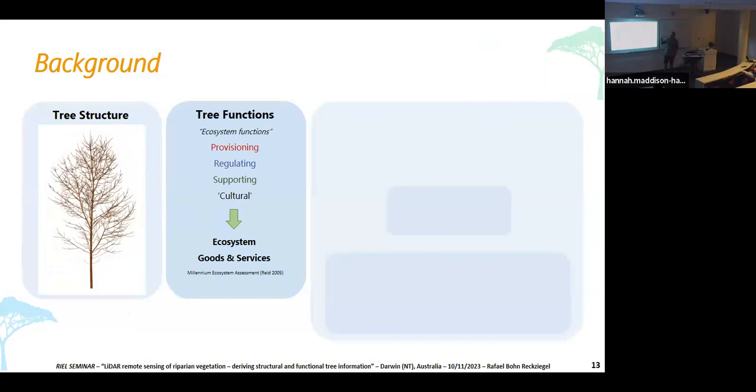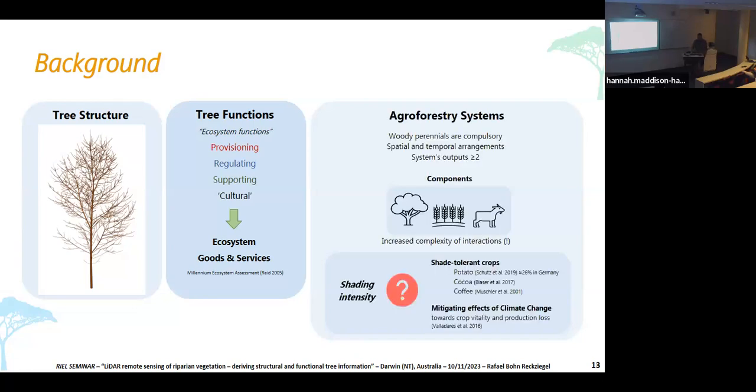They are provisioning, regulating, supporting, and cultural functions, which when used by mankind are translated to ecosystem goods and services. And finally, you might know the idea of agroforestry systems already. We have woody perennials combined with crops or livestock, and there is high structural complexity in all these systems.